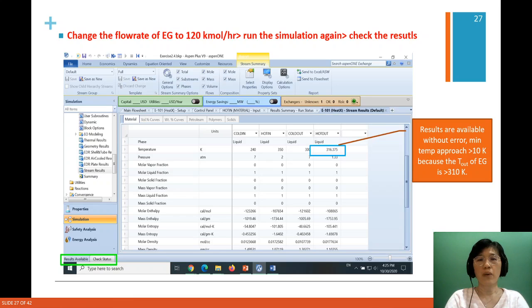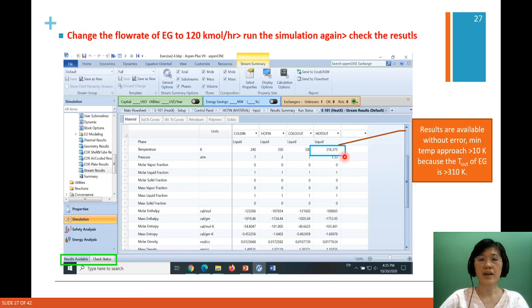Once you run the simulation again, you see now the status is clear. It is results available without error. Okay, and if you check the inlet and outlet temperature for the hot stream and for the cold stream, you can see the minimum temperature approach is achieved, right?